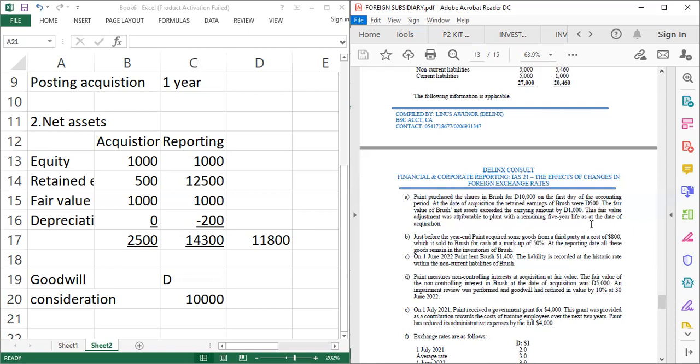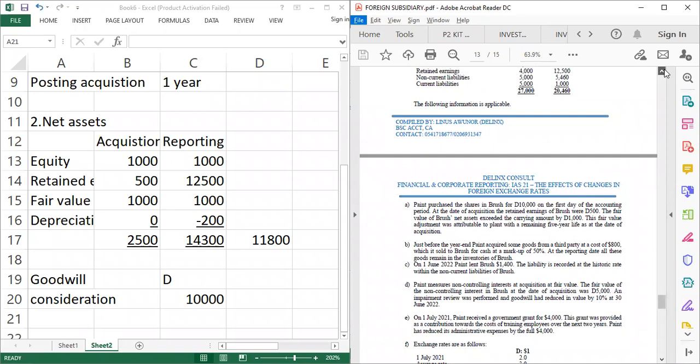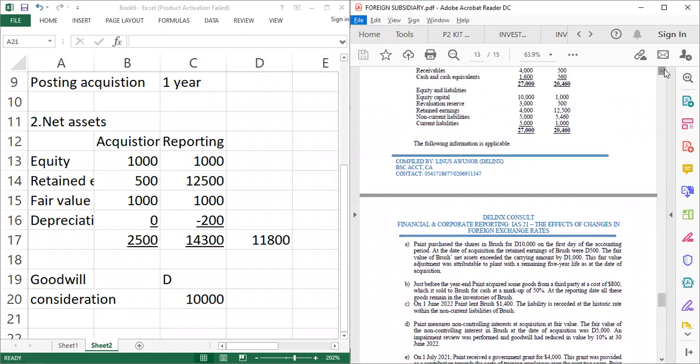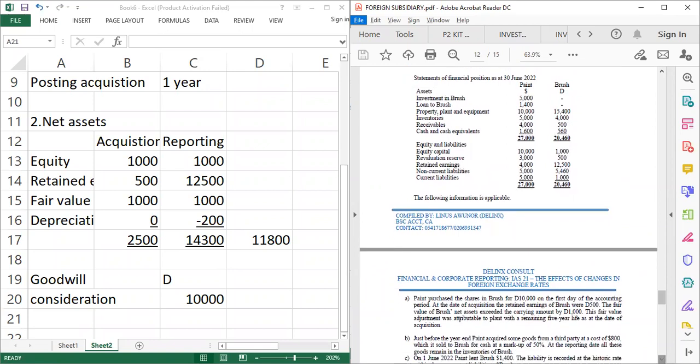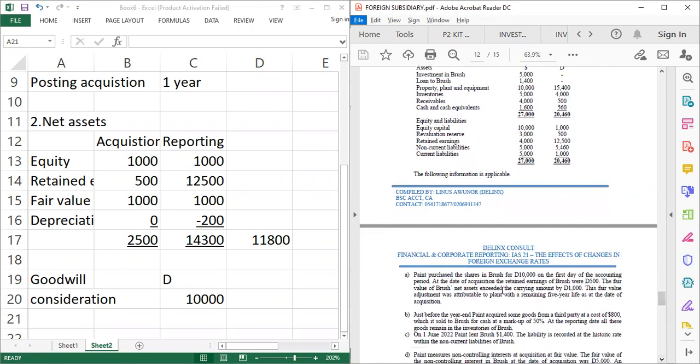Let me check the questions again. Or this thing. Is it the retained earnings? So the retained earnings should be how much? I think it's 5,000 and you wrote 500. It should be what?